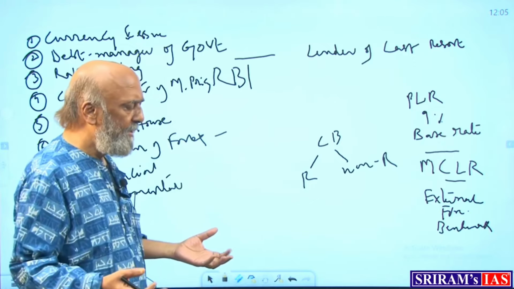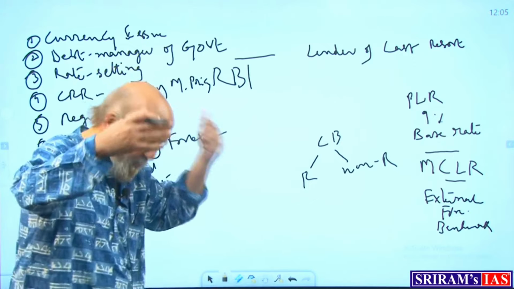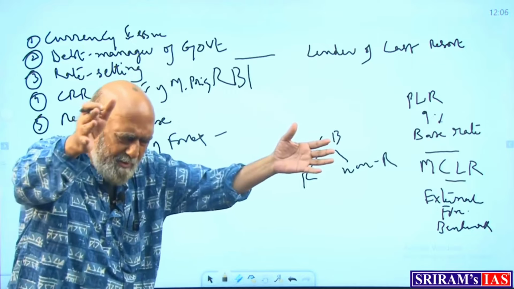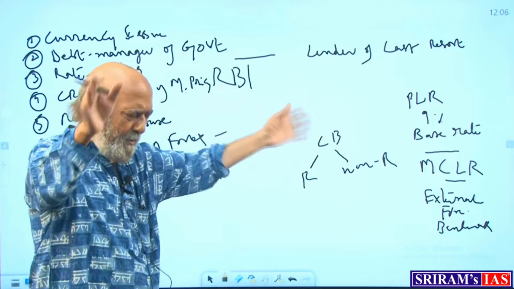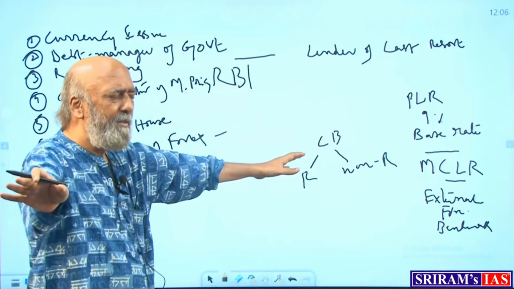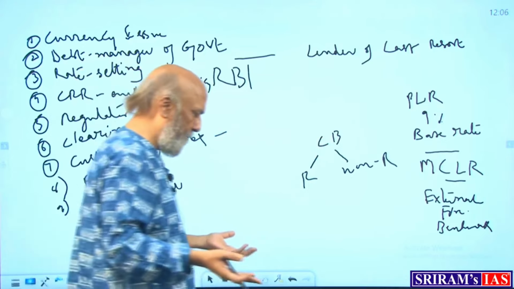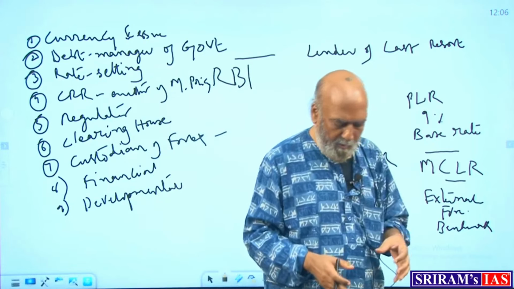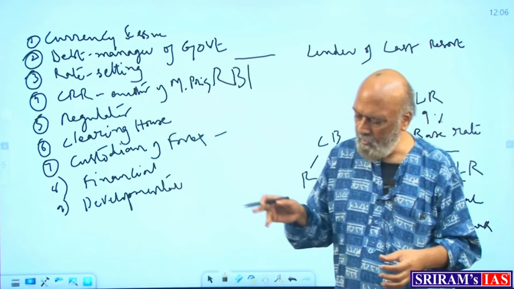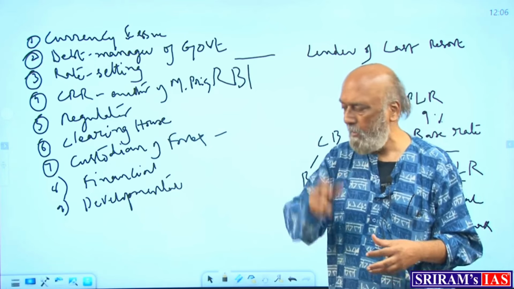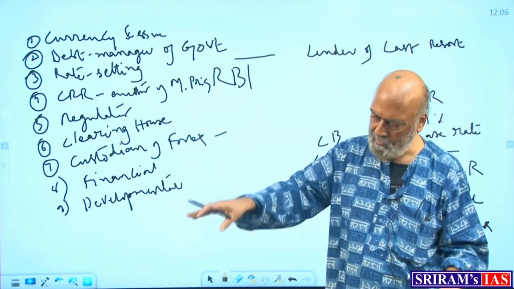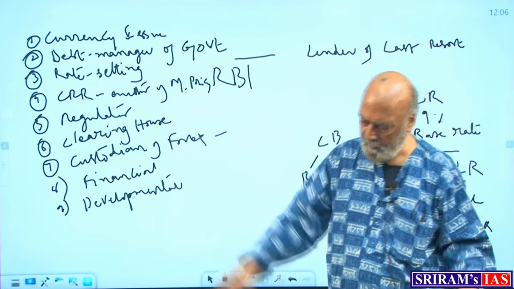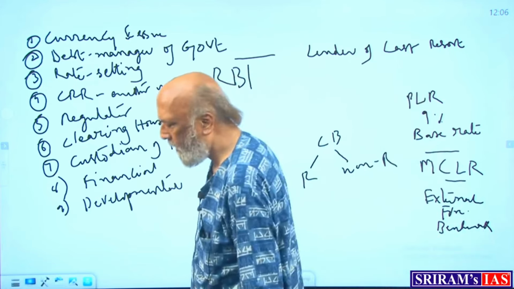So whatever your base rate, you tell me, 20%, 10%, 9%, whatever it is, don't lend below that. So that I know that you will not deny the credit to the MSME guys by charging more. You got it? Take your time.